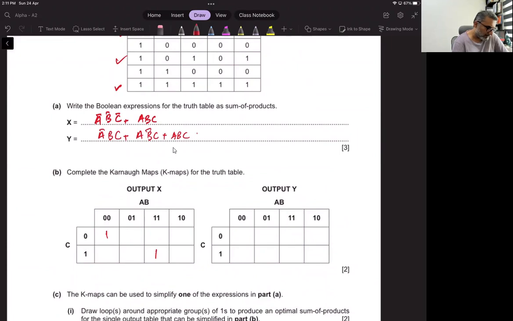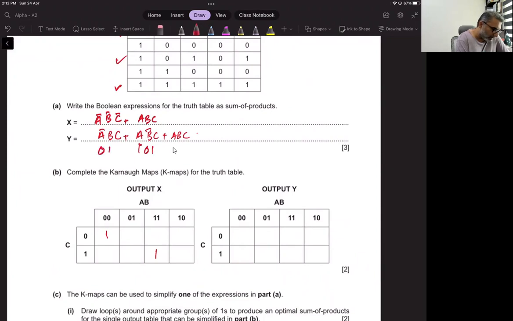This is for X. Hold on, let me do it again.